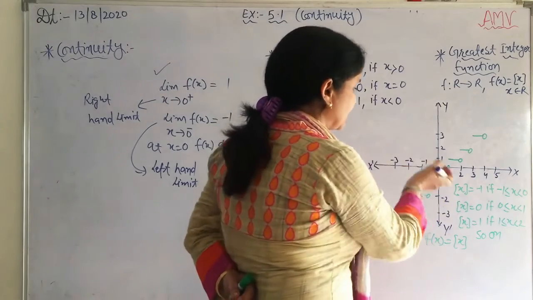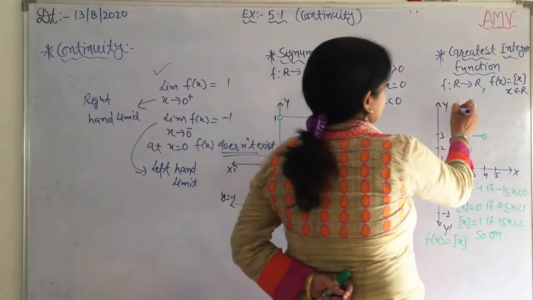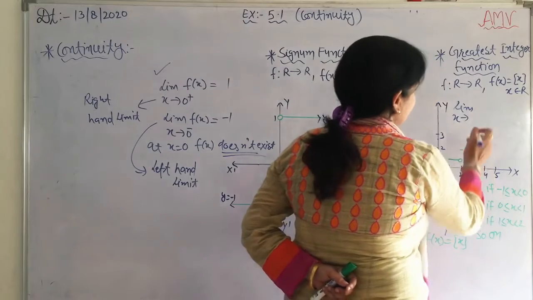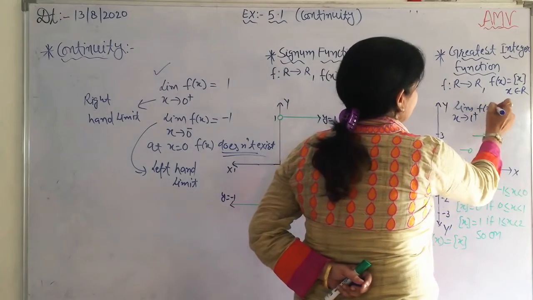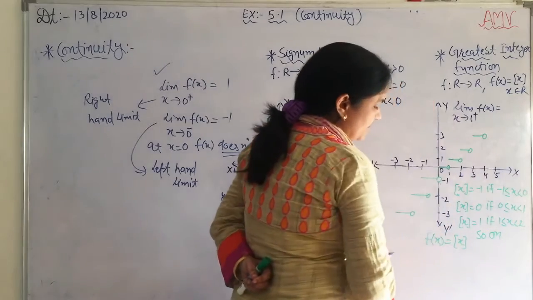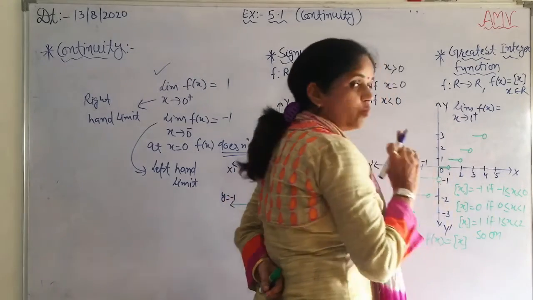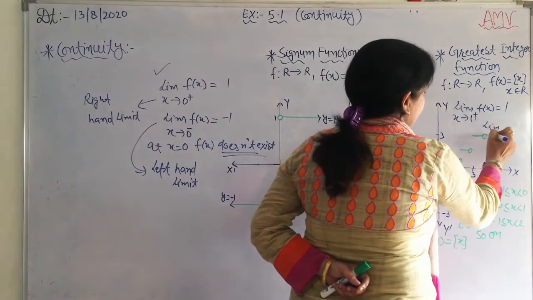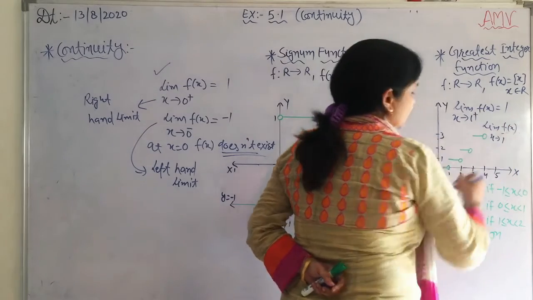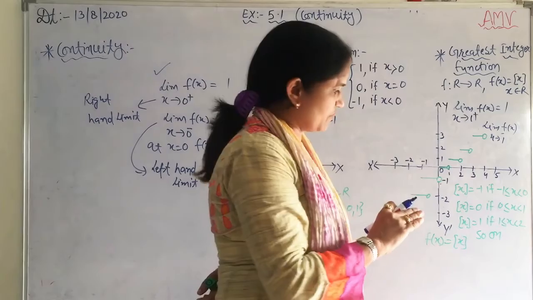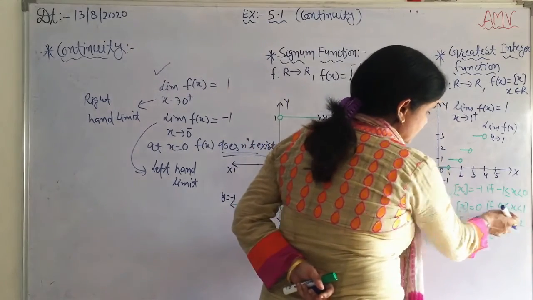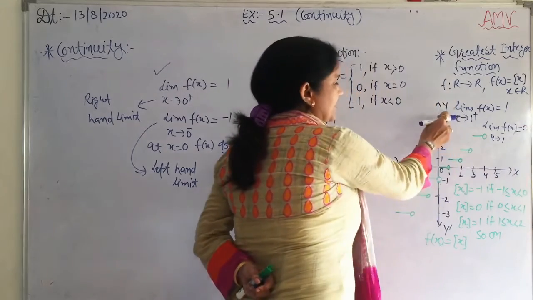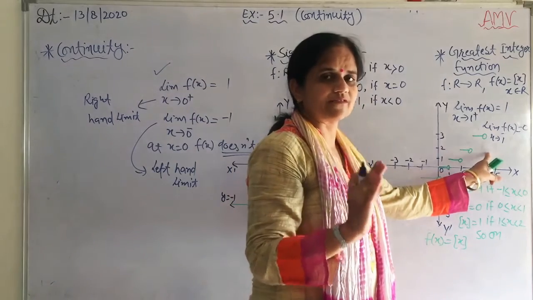By taking limits, the right hand limit as x tends to 1 plus means x greater than 1, where the value of the function is 1. The limit as x tends to 1 minus means x less than 1, where the value of the function is 0. So the right hand limit is not equal to the left hand limit.